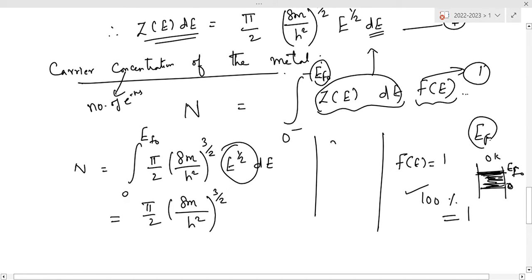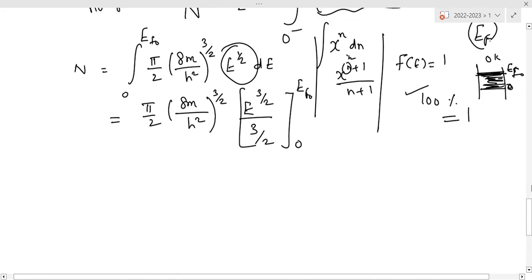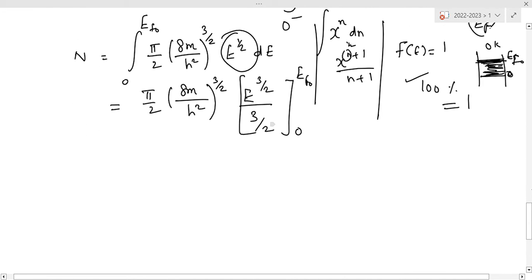The integration of x power n dn is x power n plus 1 by n plus 1. Similar way here, if n is considered as half, I am going to take E power 3 by 2 by 3 by 2. This limit is applicable here, 0 to EF naught. Then this 2 and 2 get cancelled off. This 3 is taken over the other side.